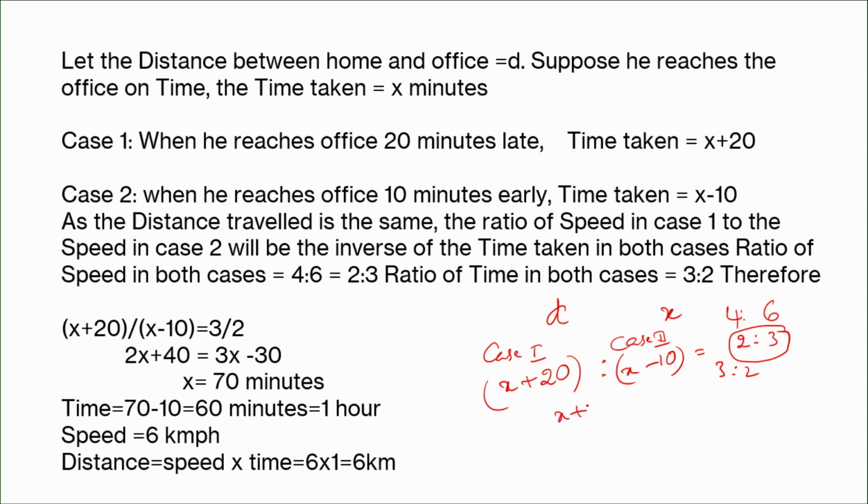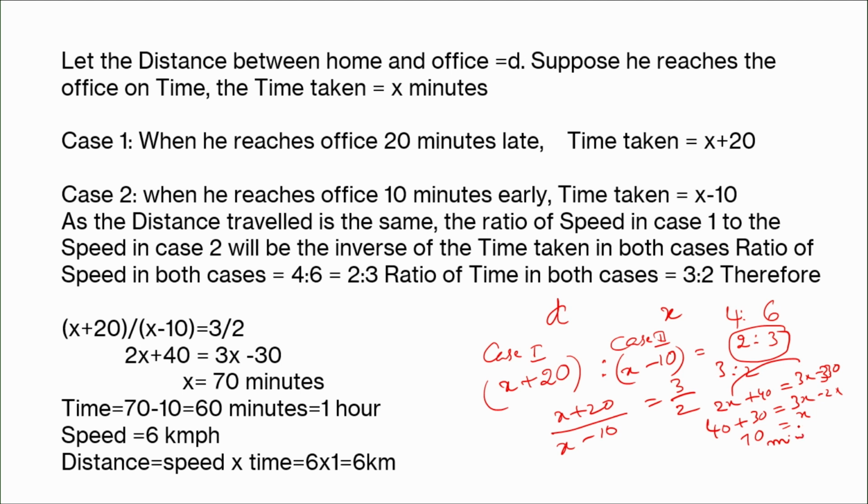That means (x plus 20) by (x minus 10) is equal to 3/2. Now, take the cross multiplication: 2x plus 40 is equal to 3x minus 30. Now, you can send 2x here and 30 here, so 40 plus 30 is equal to 3x minus 2x, or x is equal to 70, meaning 70 minutes.